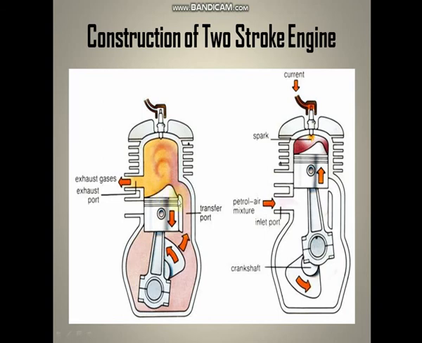So when the piston uncovers this transfer port, the air-fuel mixture will be deflected towards the upward direction of the cylinder, towards the top of the cylinder, because what will happen is this air-fuel mixture will first crash into this deflector.